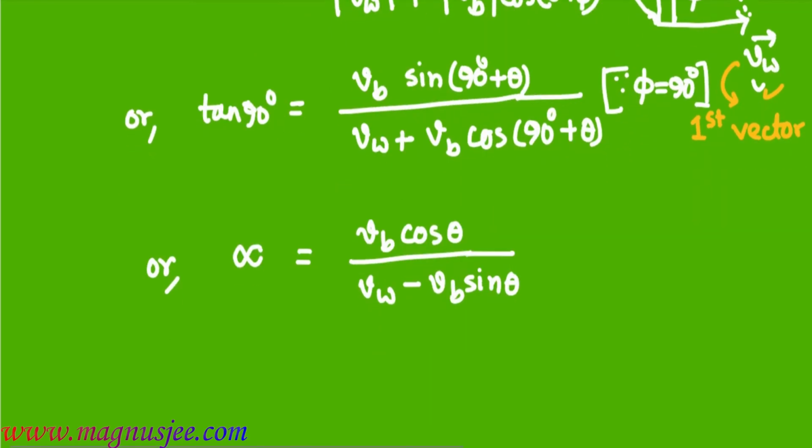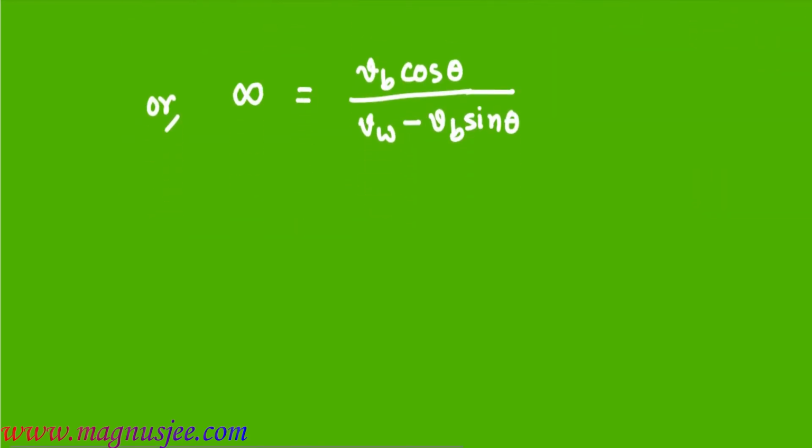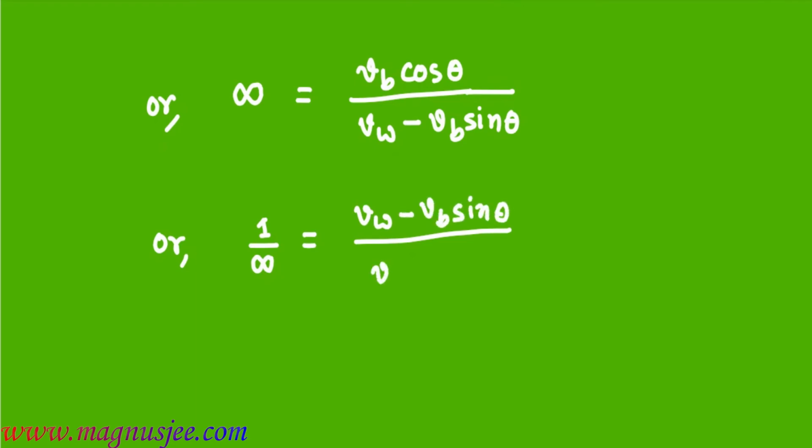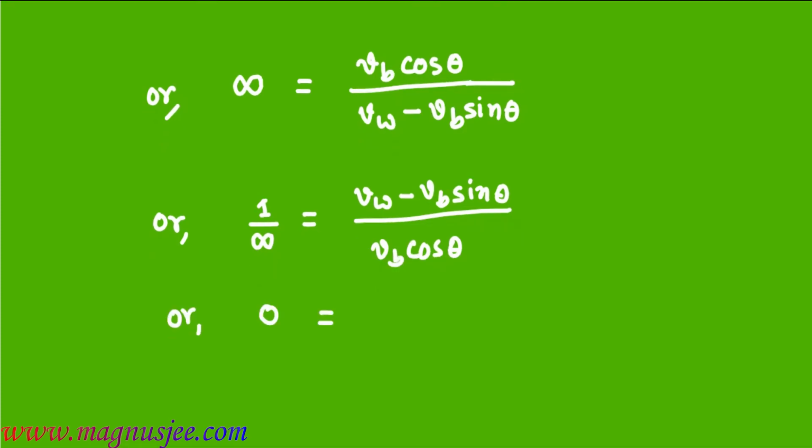Now tan 90 degree on the left hand side. Now tan 90 degree is infinity. We get, or comma, 1 by infinity doing reciprocal. 1 by infinity equals VW minus VB sin theta divided by VB cos theta, or comma 0 equals VW minus VB sin theta divided by VB cos theta, because we know that 1 by infinity is 0.